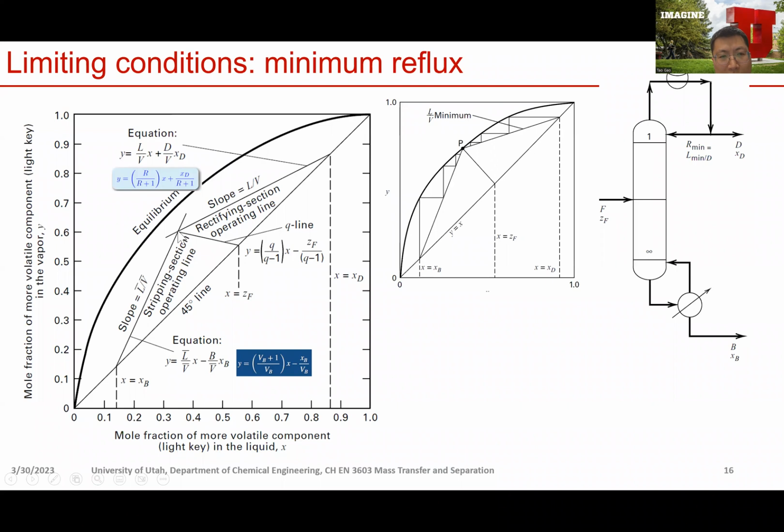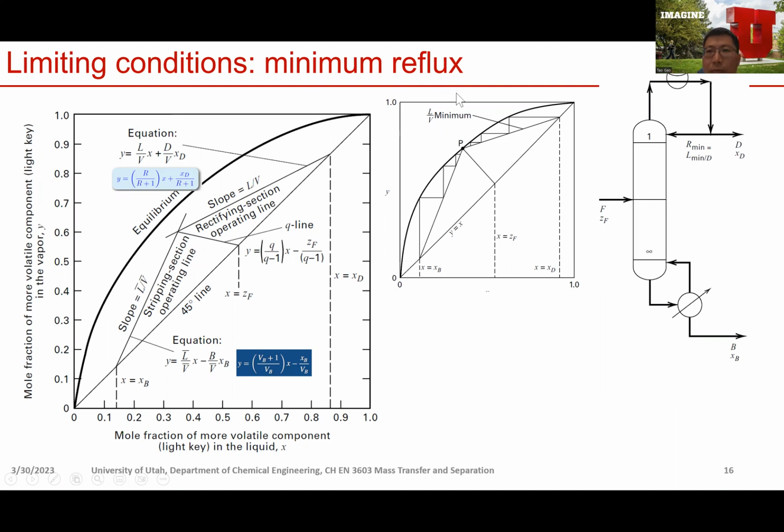And this intersection point will move leftward, and at some point it's going to cross the equilibrium line. That's when your minimum reflux ratio is obtained. So if you look at this figure, here the operating lines, this line and that line and the Q line, they cross at a point that's sitting on the equilibrium line. This is a case that corresponds to minimum reflux.